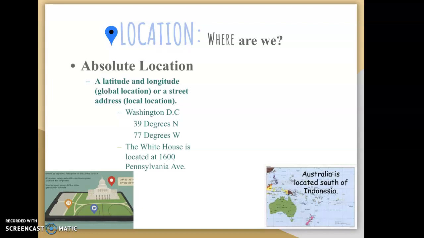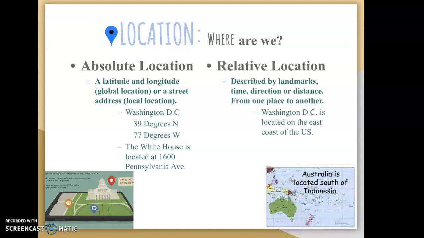The second type of location is relative. This is a more generalized location. It describes by landmarks, time, direction, or distance. I'm definitely the type of person who, when I give directions, gives relative location. I'm like, take a right at the gas station and then take a left at the donut shop, okay? But that's definitely more general and may not make sense to a lot of people.